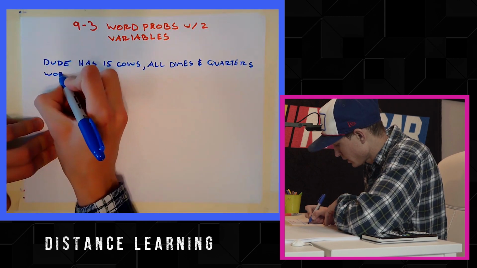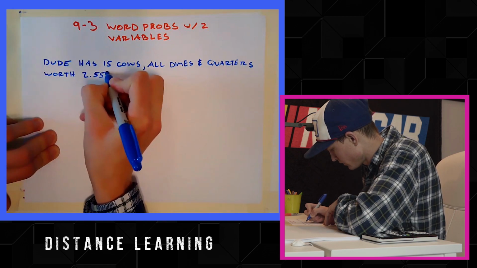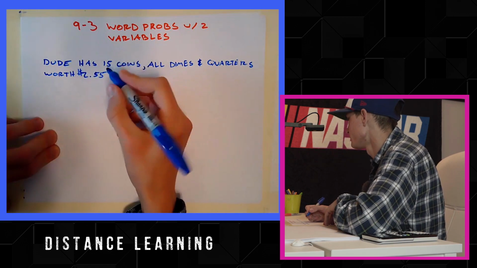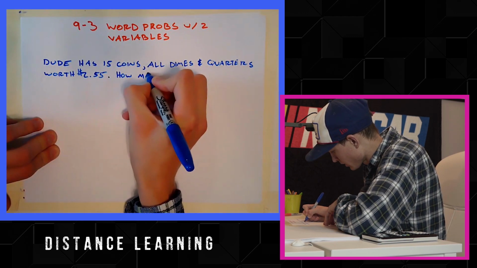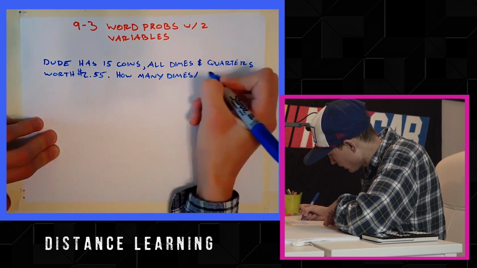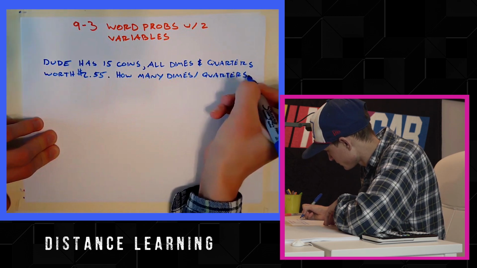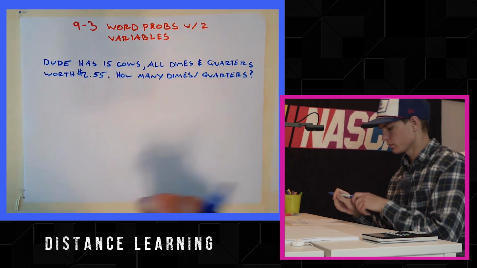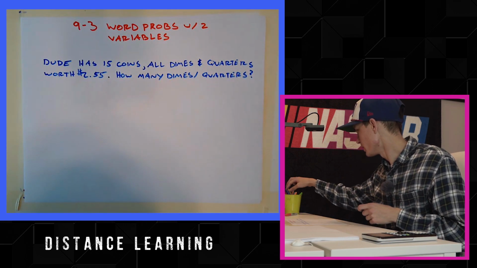And their total worth is $2.55. They want to know how many dimes and quarters does he have, how many of each specifically. So, as I said, the book does a good job of showing it.